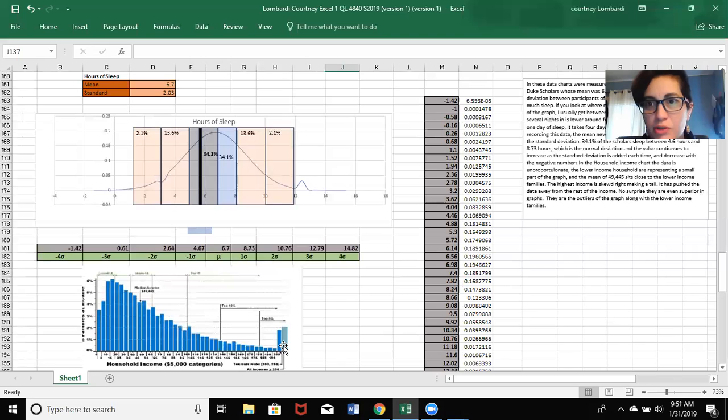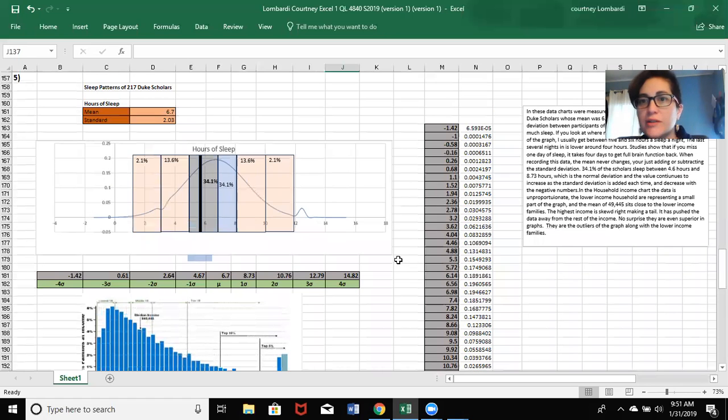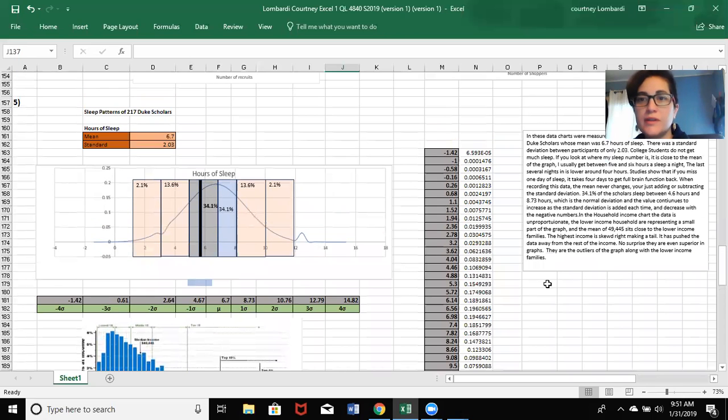It's skewed right, making a tail, and the outliers, which are the low income and the high income, really are what the graph should be representing, because they are the higher data, the higher income.